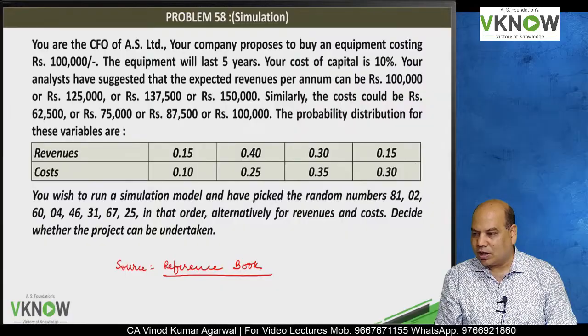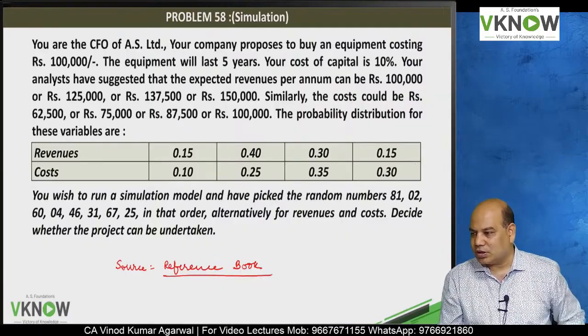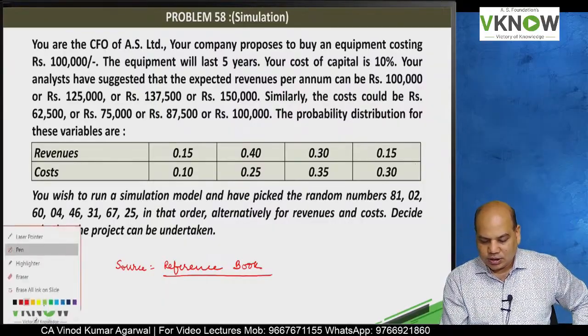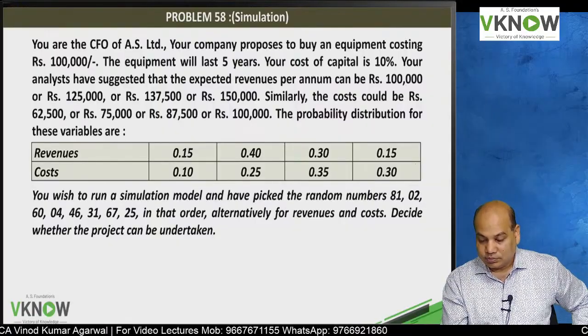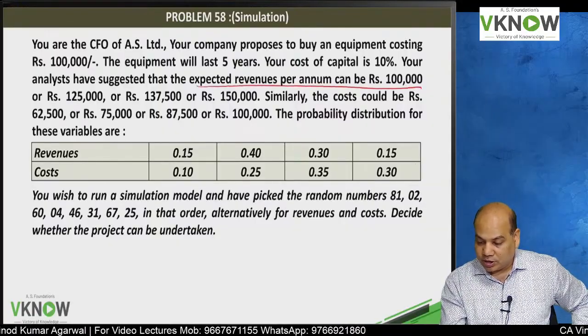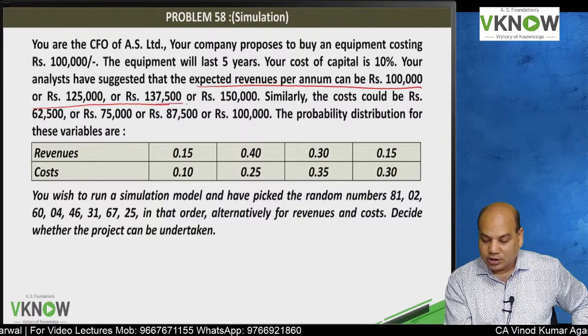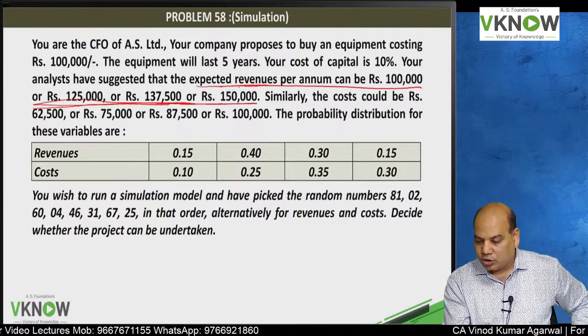The equipment will last 5 years. Your cost of capital is 10%. Your analyst suggested that the expected revenue per annum could be 1 lakh, 1,25,000, 1,37,500 or rupees 1,50,000.